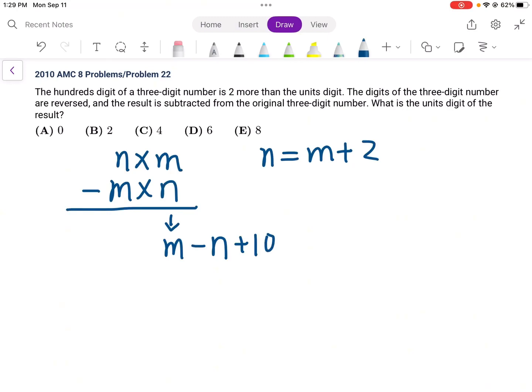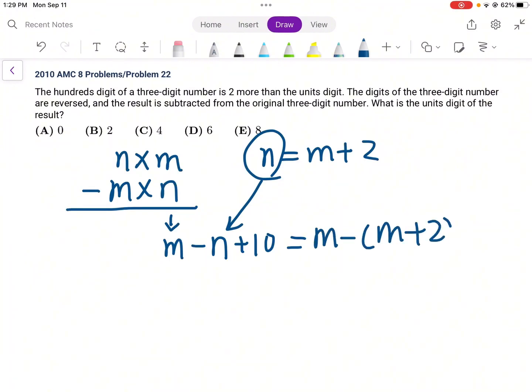And we substitute the n into this equation. We get m subtract (m plus 2) plus 10, and that equals 10 minus 2 equals 8. Therefore, the units digit should be 8.